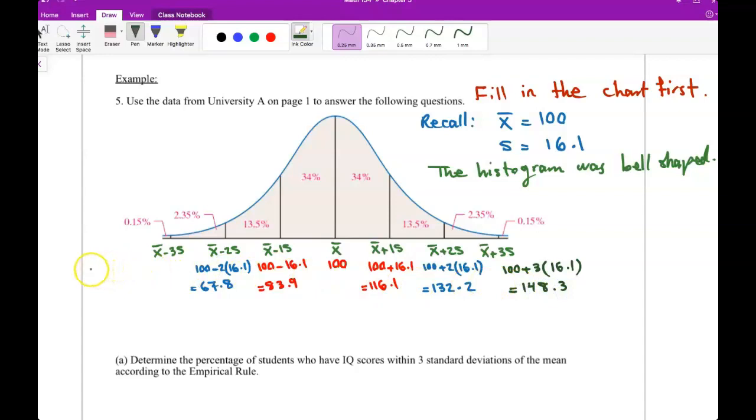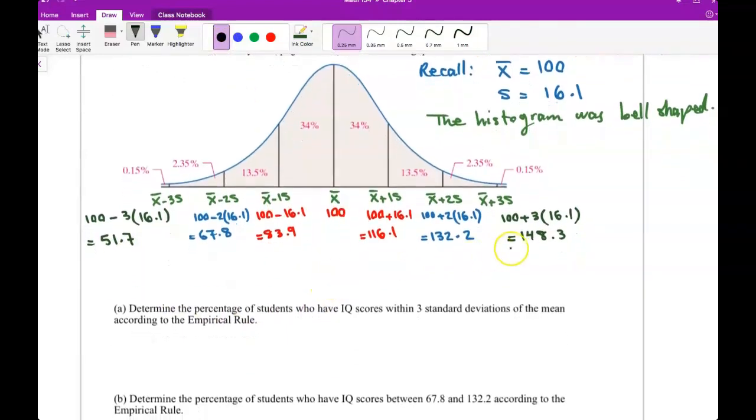Left side, 100 minus 3 times 16.1, it's equal to 51.7. Okay, so we got all these numbers.